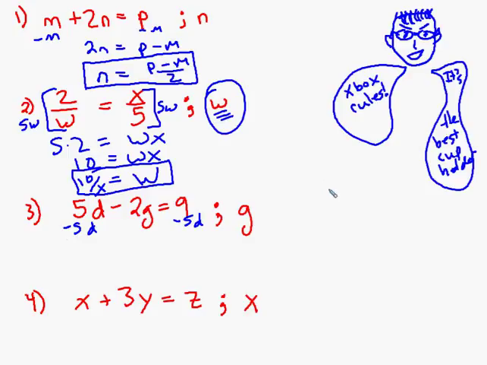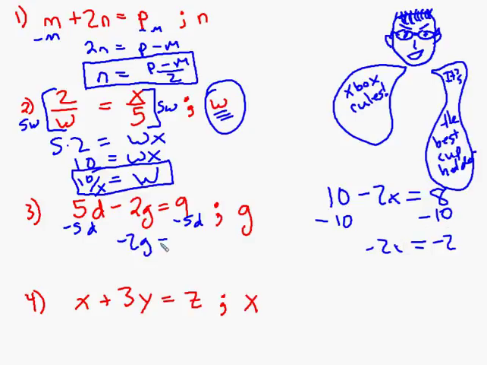It would be like if I had 10 minus 2x equals 8. If I'm solving for x, I don't start with the x, I start with the 10. So same idea. We copy this down. We've got to watch out that we don't drop that negative, and we also have 9 minus 5D. Now what do we do? We divide by negative 2, and we get 9 minus 5D all over negative 2.